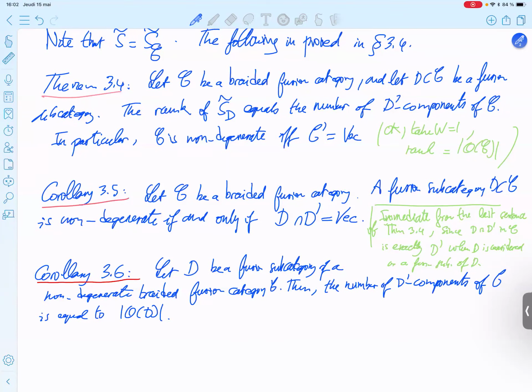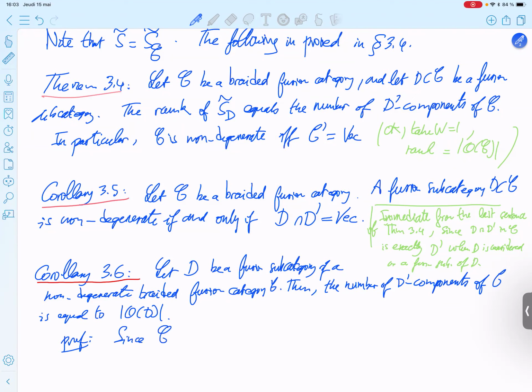And the proof of that is the following. C is non-degenerate, so the S tilde matrix is invertible. In particular, every subset of the set of rows of the S tilde matrix is linearly independent. If you fix the set of rows corresponding to D, it should be linearly independent. So it's immediate.